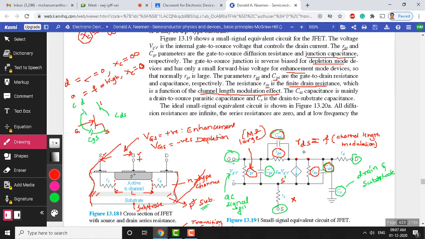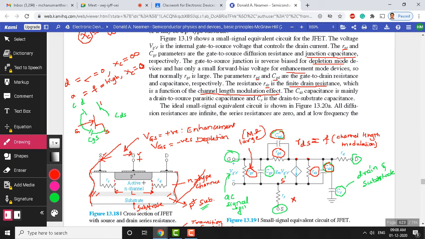As RDS keeps varying, definitely the channel length also keeps varying here. I am not talking about the actual channel length, because you know that in the saturation region pinch off effects will happen. The pinch off will move from the drain side toward the source side. Pinch off means the depletion region will try to occupy the channel region.